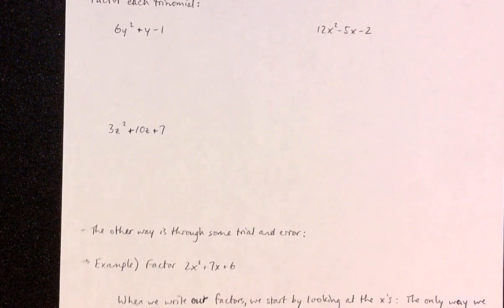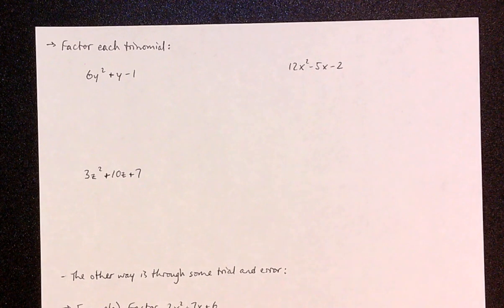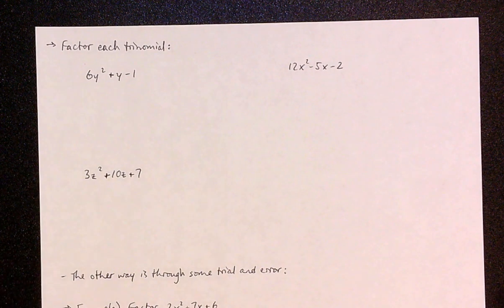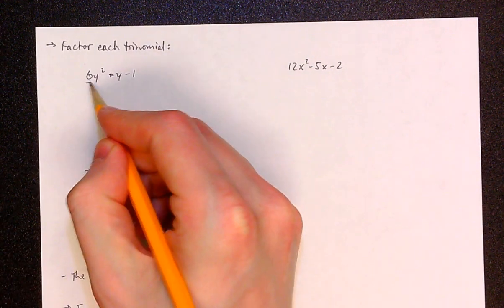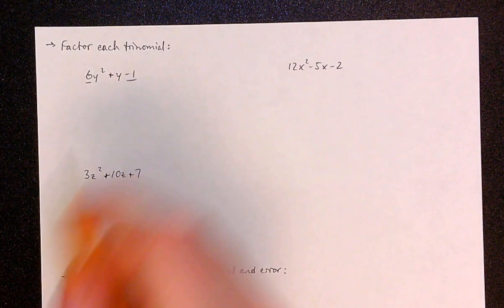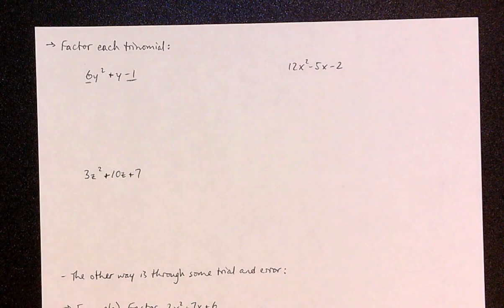So we will do some more practice problems here, so we can get more practice with this method. We're going to factor each of these trinomials. First one, 6y squared plus y minus 1. So again, what we have to do is look at the first number and the last number as well, and we are including the signs here too.